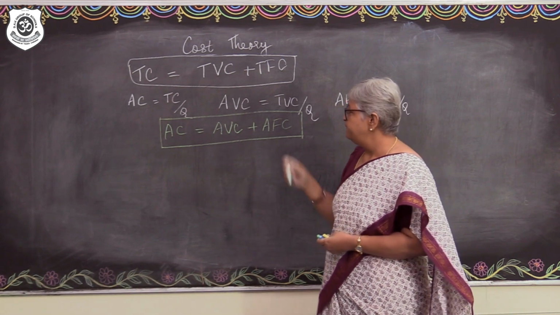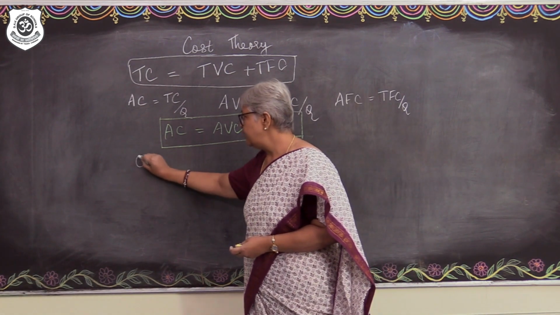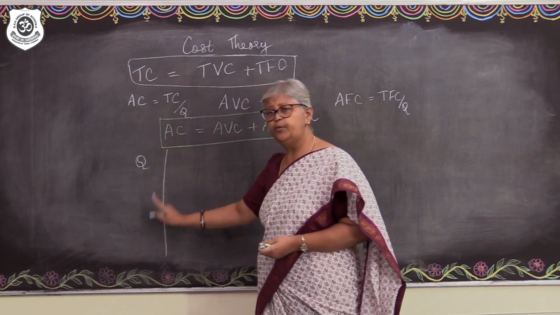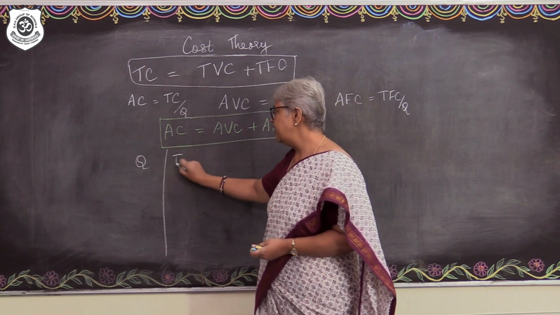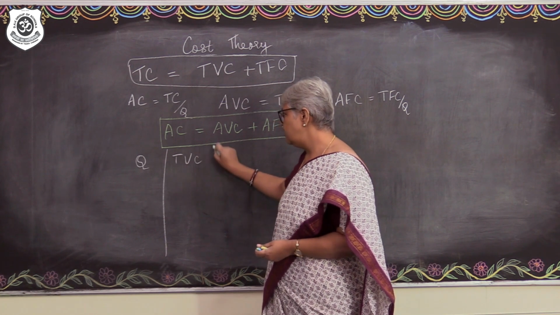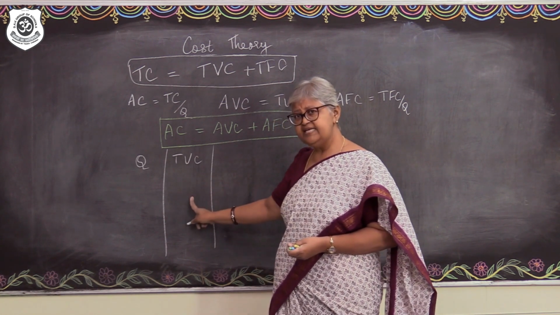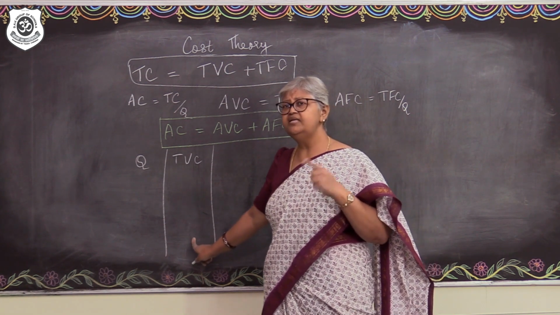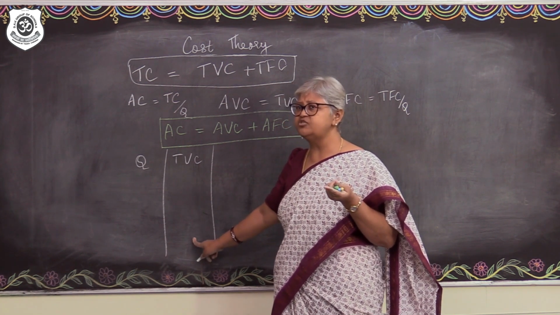Now, as the output increases, you know that the total variable cost will increase at a decreasing rate and then it will increase at an increasing rate.